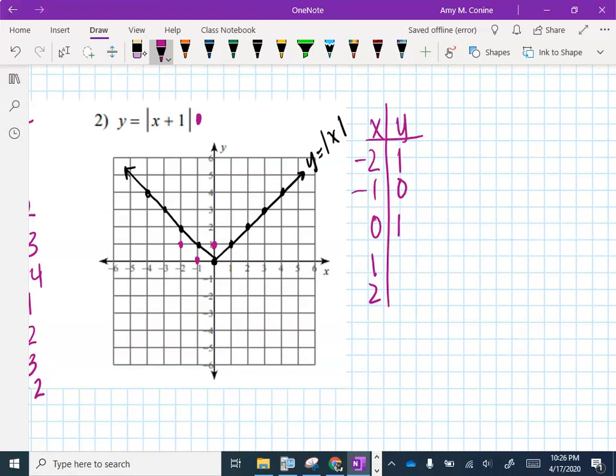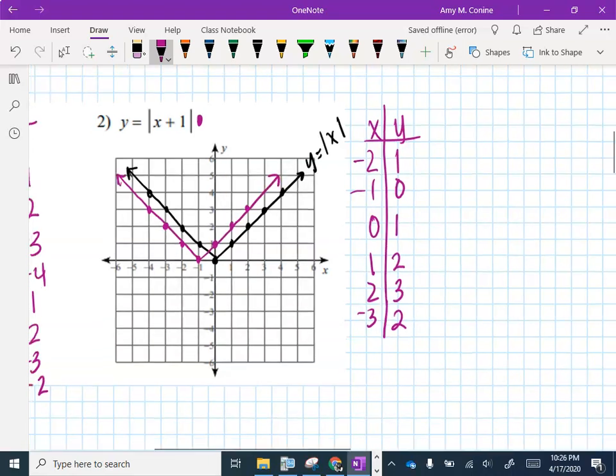For 1, 1 plus 1 is 2. 2 plus 1 is 3. So let's see, graphing real quick. So you can see the change here. So I'm guessing if we plug in negative 3, we would get positive 2. If we plug in negative 4, we would get a positive 3. And then this is our function right here.